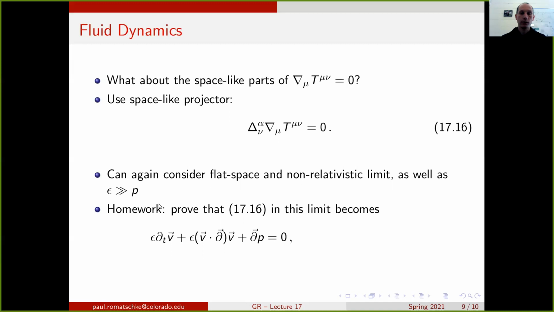And if one does that, which will be part of the homework for this lecture, you can show that the space-like part of the conservation equation turns out to be this equation here, where we get energy density times time derivative of velocity plus energy density times v dotted into the gradient onto the velocity plus the gradient of the pressure is equal to 0. And this is something that you can recognize to be nothing else but the Euler equation of non-relativistic continuum mechanics.